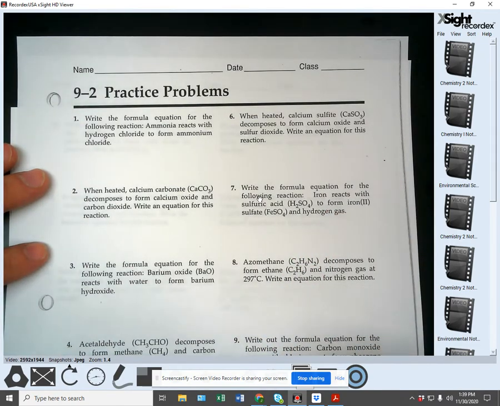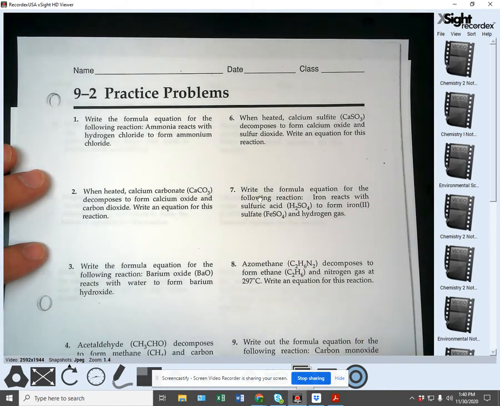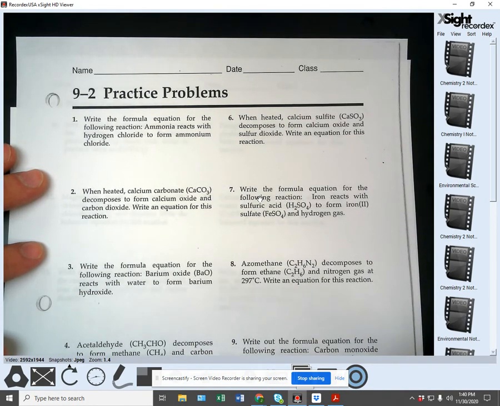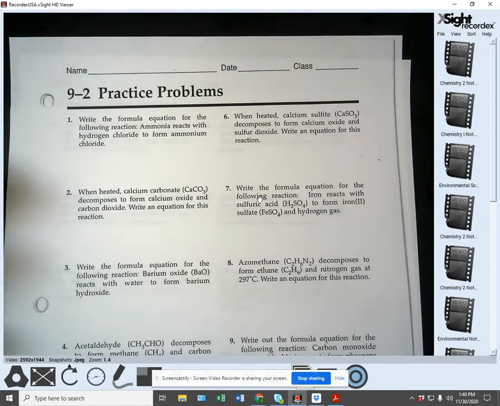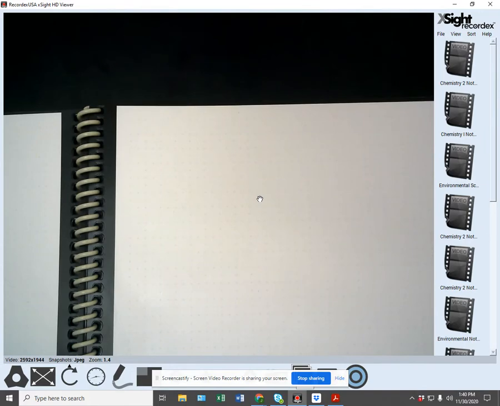If you do them correctly, meaning you get the correct formulas and everything, they will already be balanced without putting any coefficients in front of them. If you look at it and it's not balanced, that means you did something wrong.